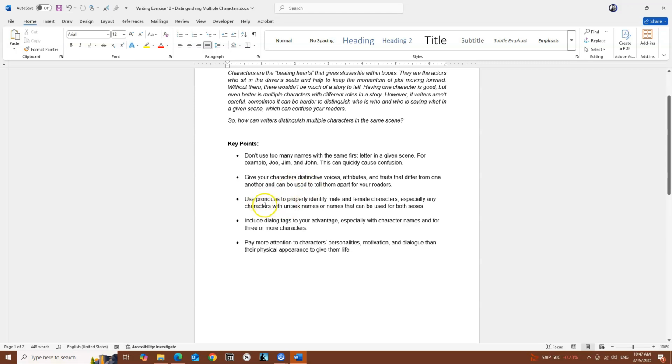The next key point is to use pronouns to properly identify male and female characters, especially any characters with unisex names or names that can be used for both sexes. This one is also helpful in distinguishing your characters, because some names can be used for both men and women or both boys and girls.